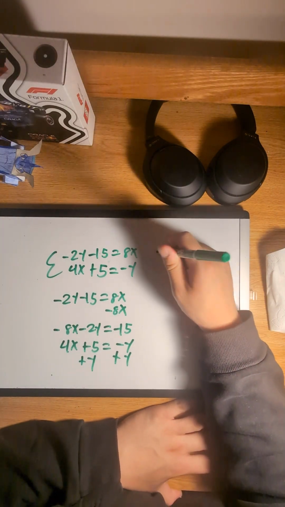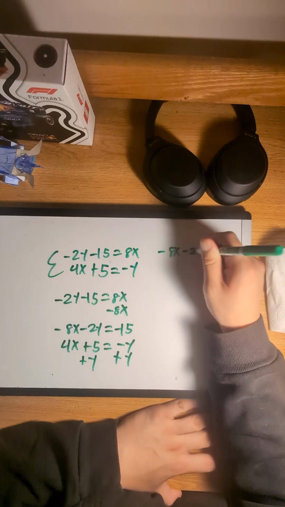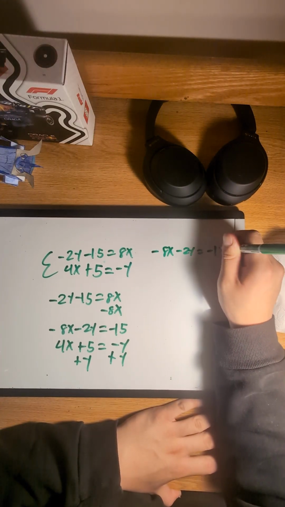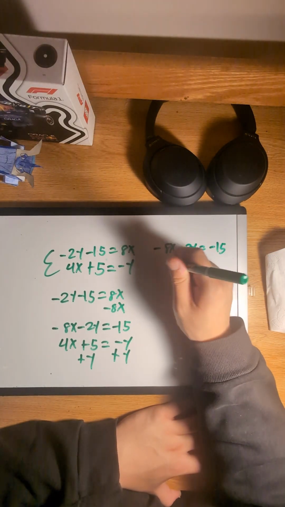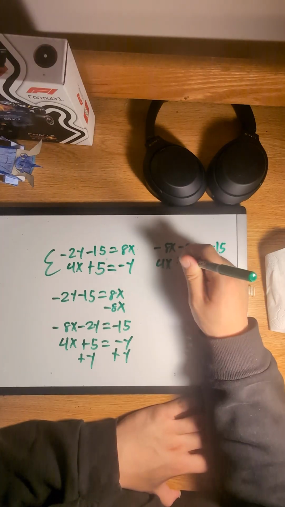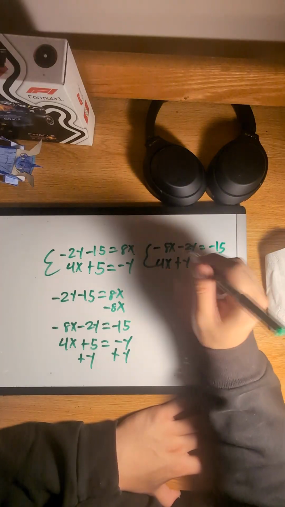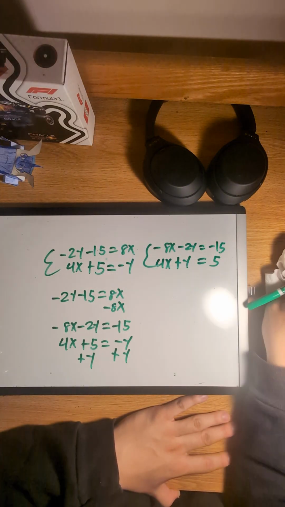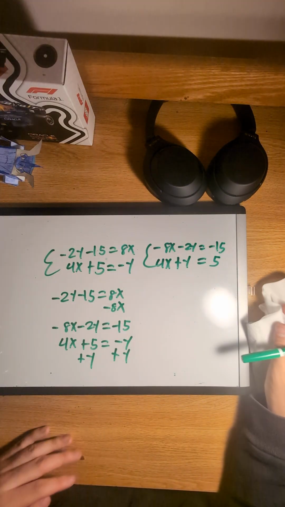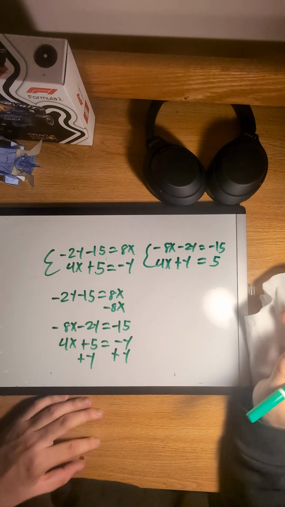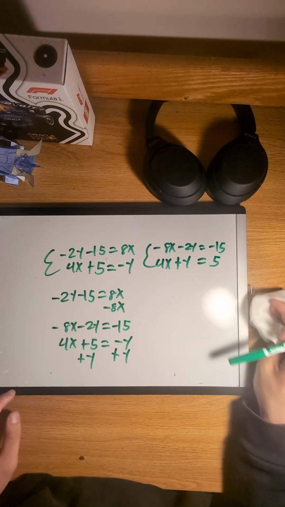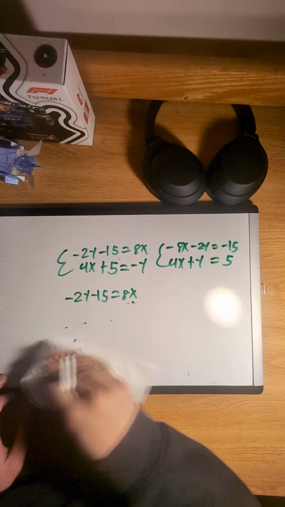It's going to look like negative 8x minus 2y equals negative 15 with 4x plus y equals 5. You can see here that they match up a bit better: x, x, y, y. You need this form to do elimination methods, so it's important that we get here by doing some rearranging.